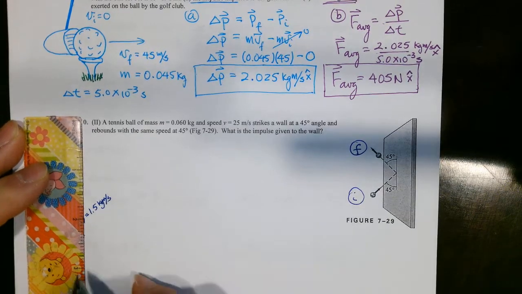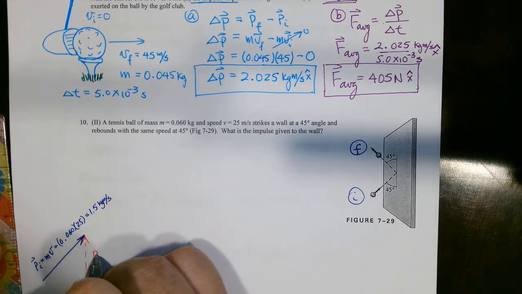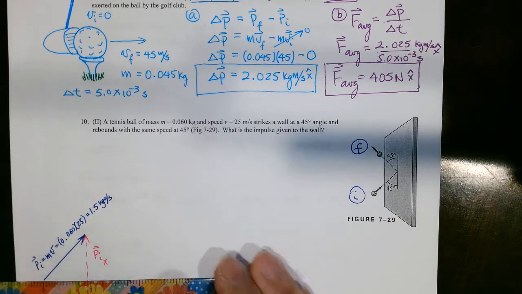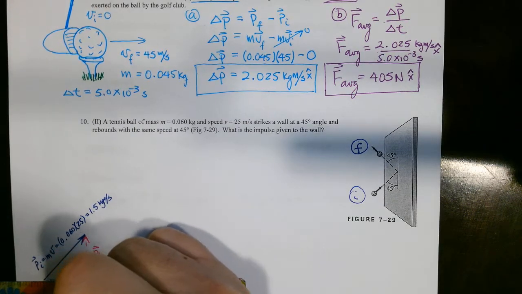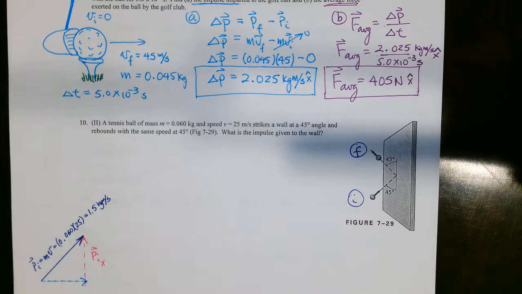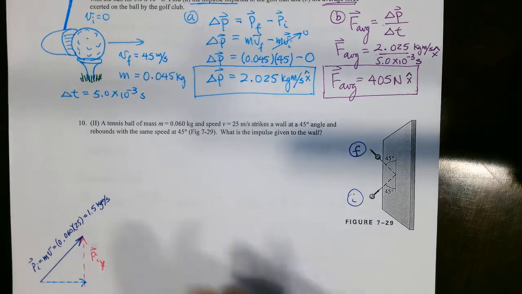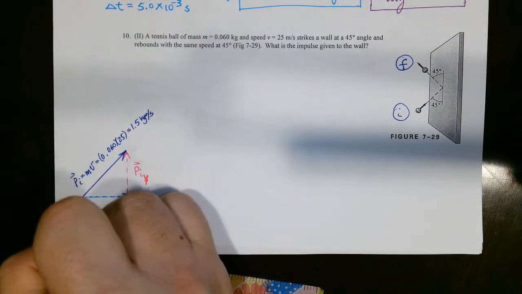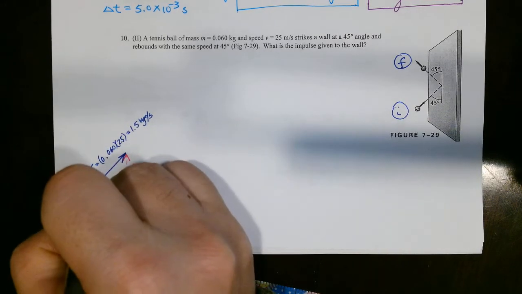So here is my Pix, and here's my Piy. Okay? I'm sorry. This is Piy, sorry. This is Piy. And this is Pix. And this angle here happens to be 45 degrees.